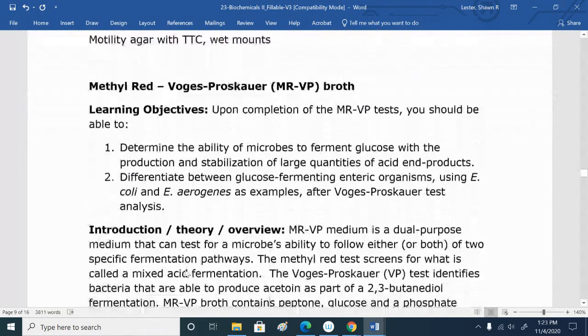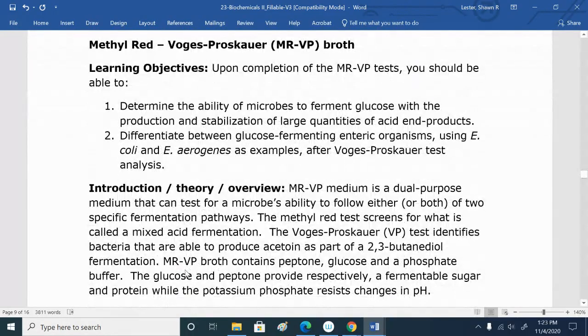So moving on to MR and VP. MR stands for methyl red and VP for Voges-Proskauer. And so the way that we do this in lab is to use just one tube of MRVP broth. And then after inoculating it and incubating it and allowing the bacteria to grow, in the next class, we would pour half of the broth into an empty tube.